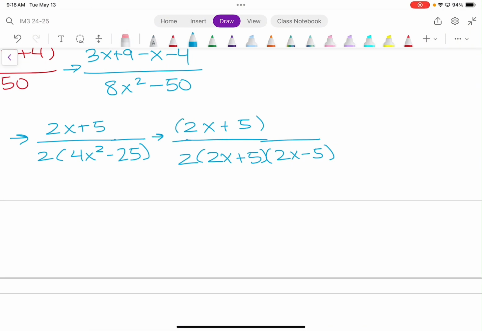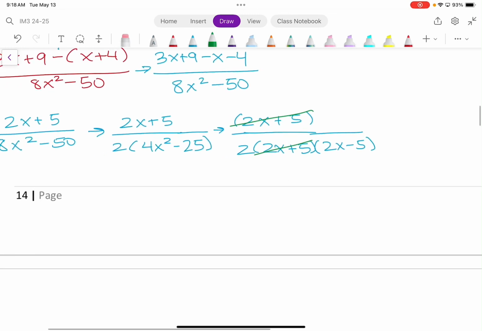And what do you guys see? What can we cancel out? Yes, Dylan. 2x plus 5. Good. So we can take this out and we can take this out. And that's going to give us 1 over 2 parentheses 2x minus 5.